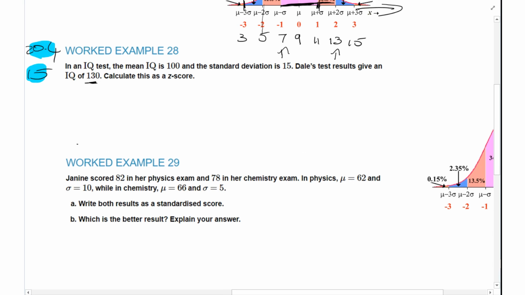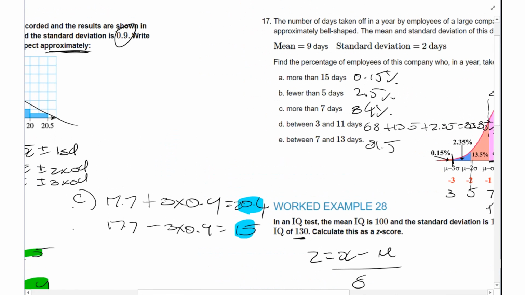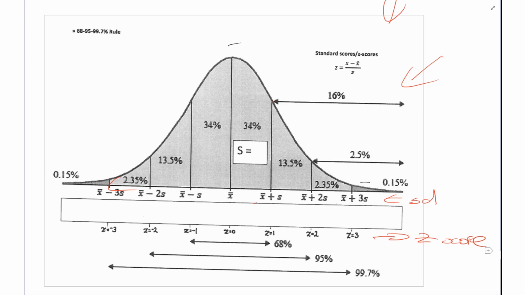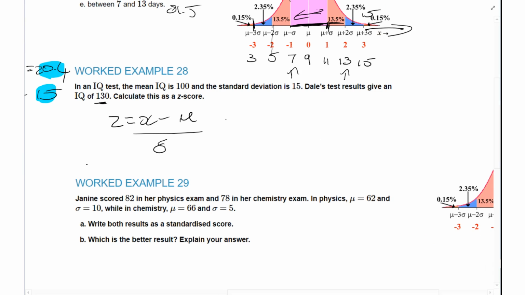So that's where we use a formula, Z equals X minus mu over sigma. We've seen that written as X minus X bar over S.